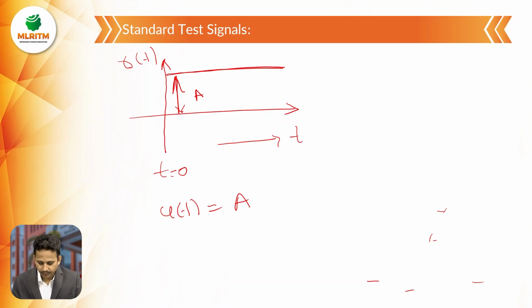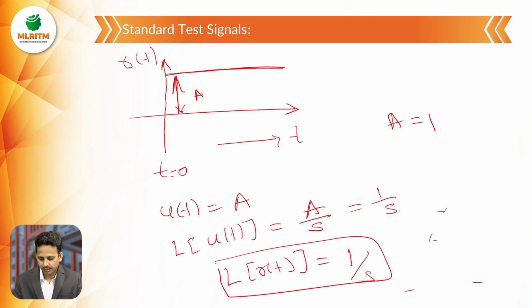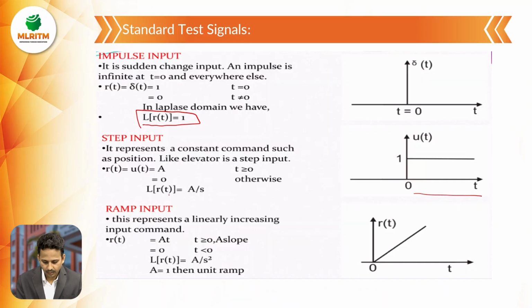So the Laplace transform of u of t is equal to A by S. If it is unity, A is equal to 1, then it is 1 by S. So the Laplace transform of r of t is equal to 1 by S, or A by S. So the step signal exists for t greater than or equal to 0, otherwise 0.